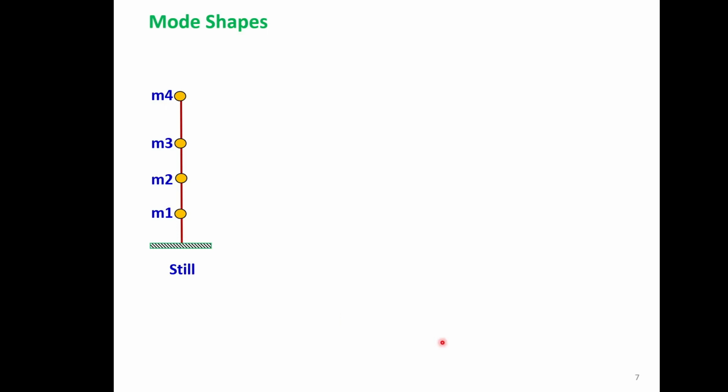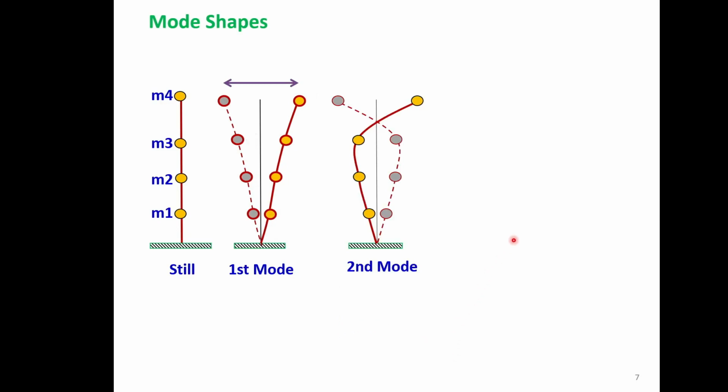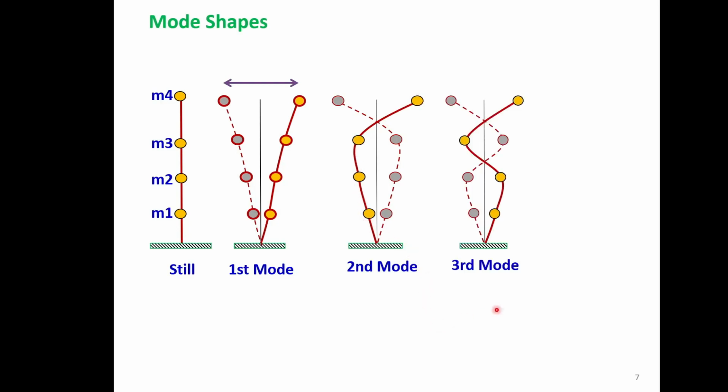To understand the mode shapes, we have taken another system which is a 4-degree of freedom system having masses m1 to m4. So the first mode shape is like this, when all the masses are on the same side of the neutral position. Second mode shape, one mass has gone to the right, the other three masses are on the left hand side. Third mode, some out of phase is seen at the top and the next mass, but the bottom two masses are on the same side.